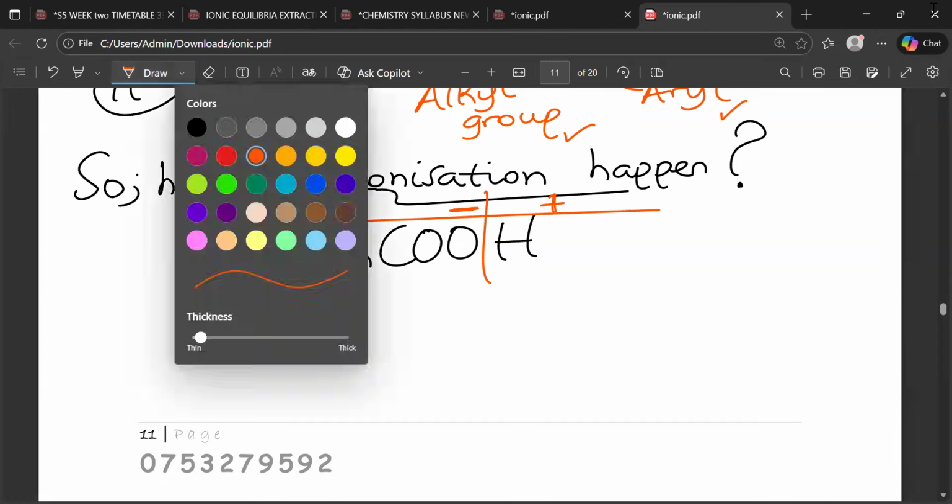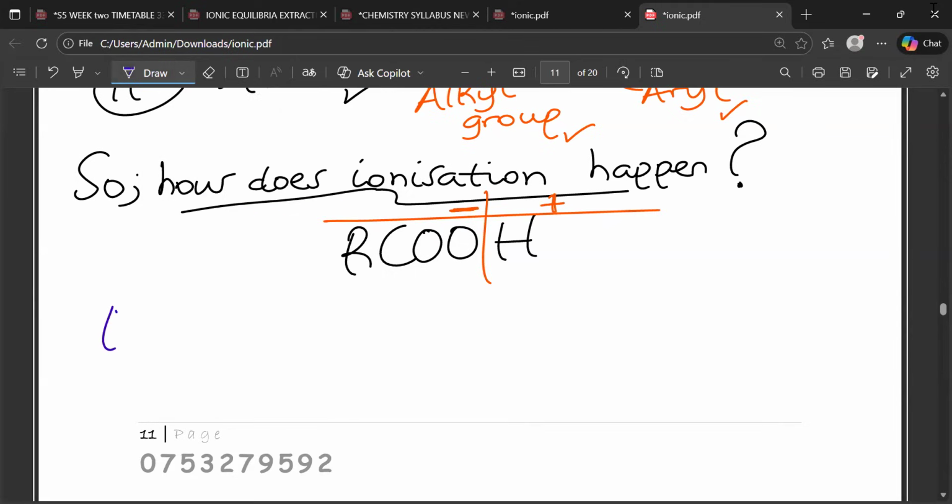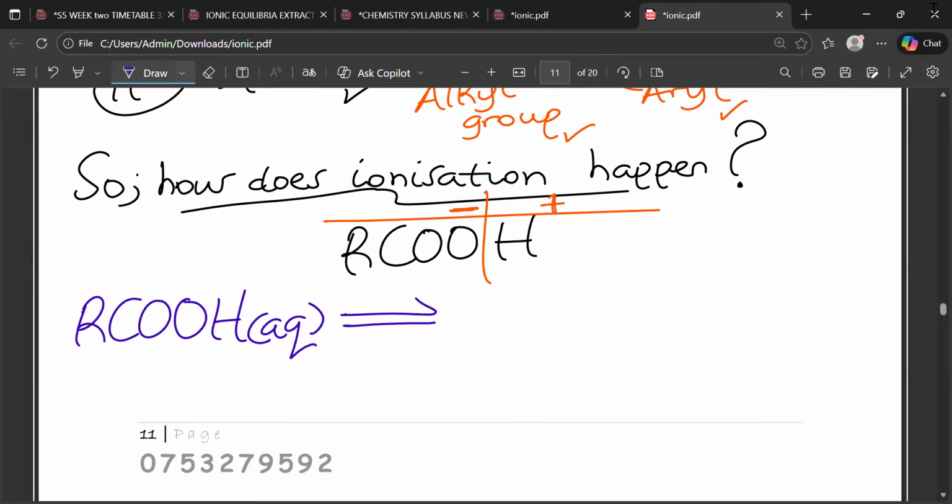Nothing much. With organic acids, they are the easiest. When they give it to you like this, you just do your best. Put their aqueous. Then know where the boundary line goes. Because this is an organic acid, it is weak. So you draw the COO, don't forget the minus, and put aqueous.